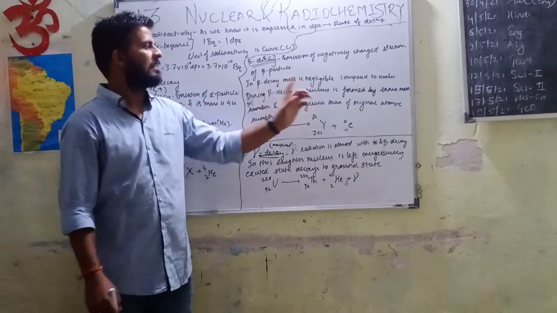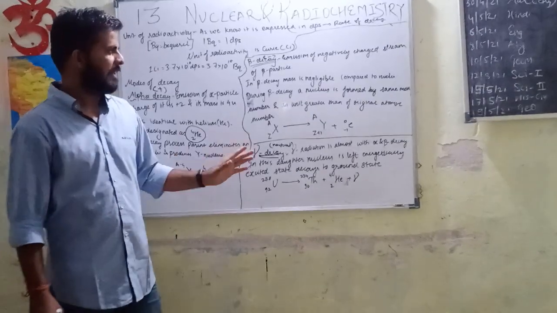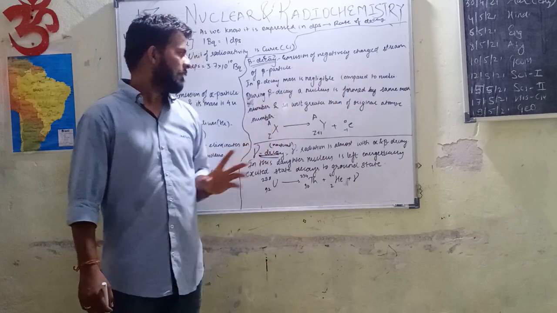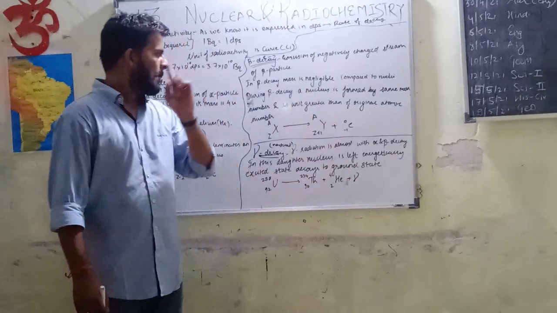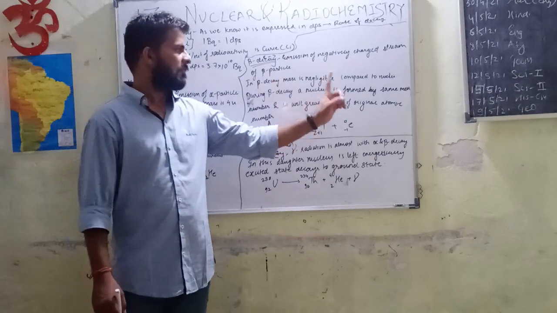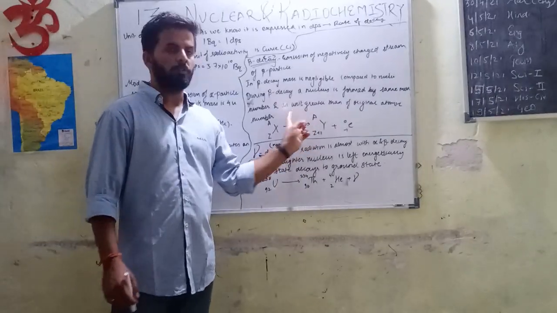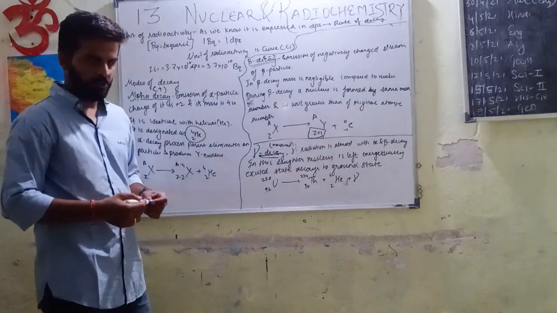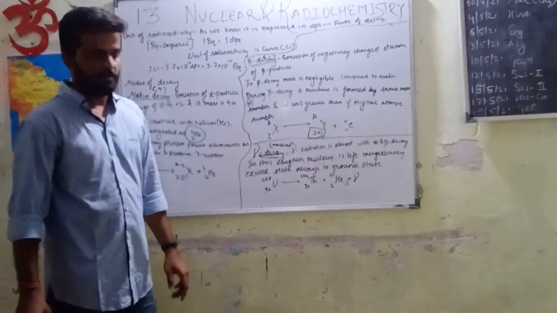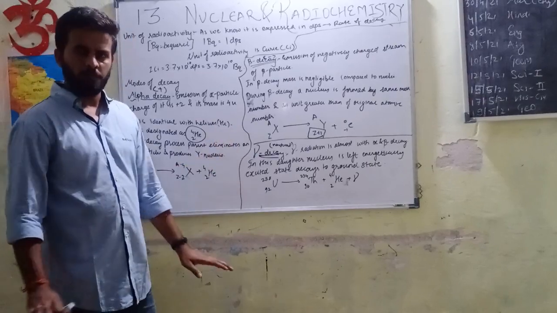In beta decay, mass is negligible compared to the nucleus. So during beta decay, a nucleus is formed with the same mass, but the original atomic number is increased by a unit, that is, +1. Understood?